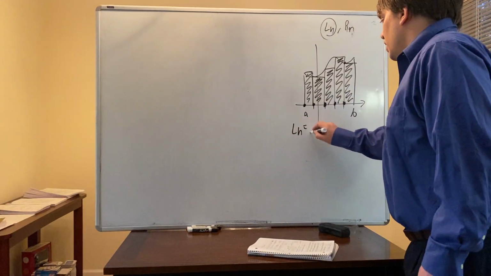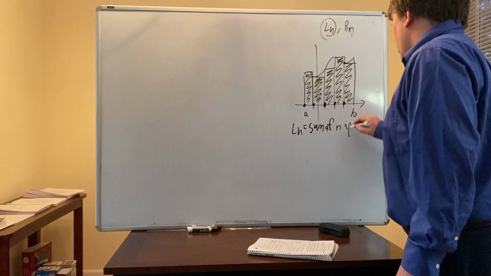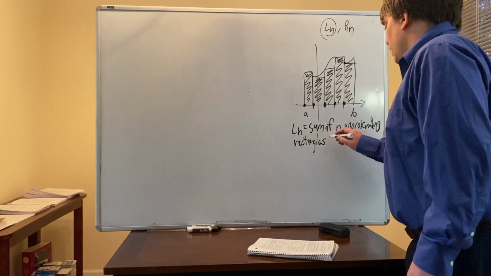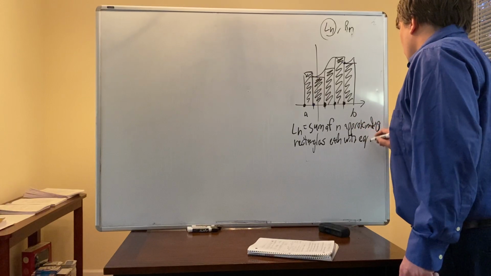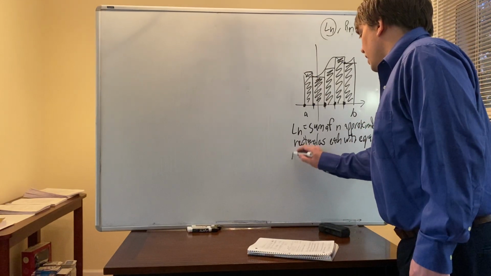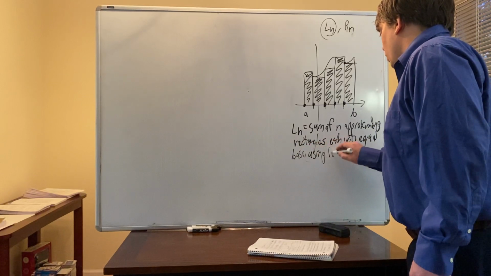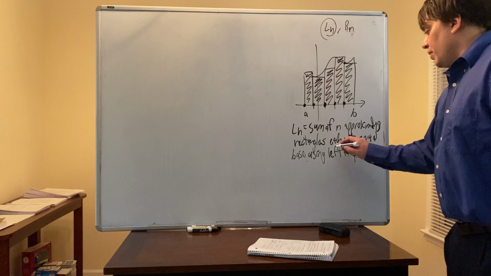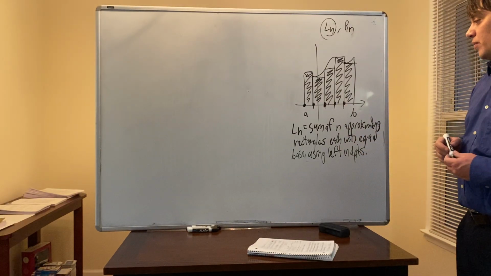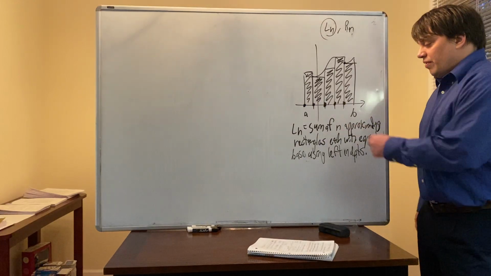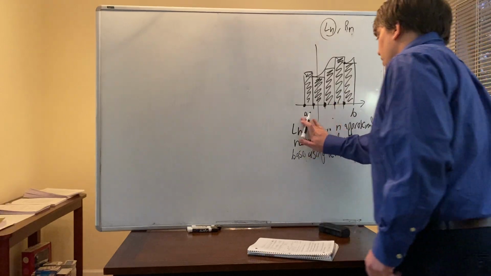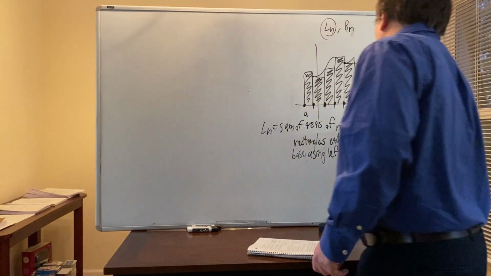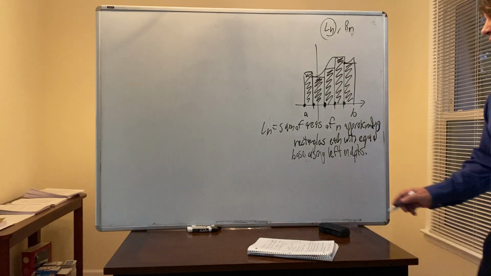Okay, so L sub n is the sum of the areas of n approximating rectangles, each with equal base using left endpoints.